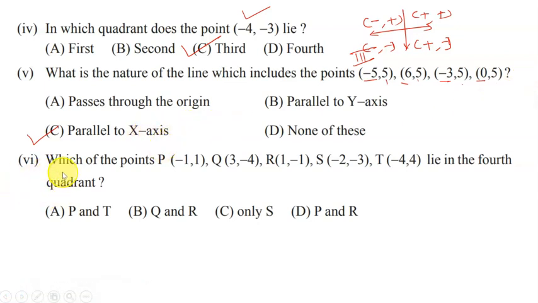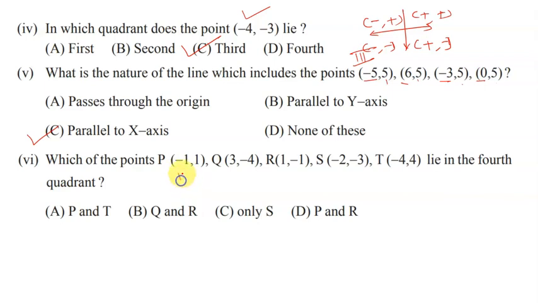Next question: which of the points P(-1, 1), Q(3, -4), R(1, -1), S(-2, -3), T(-4, 4) lie in the fourth quadrant? आता पहिला पॉइंट P: x is negative and y is positive.